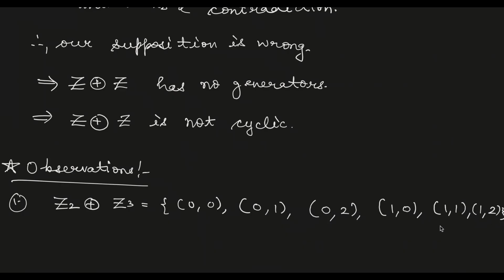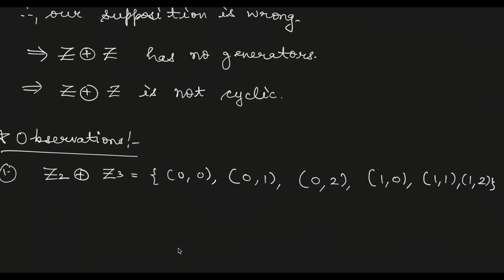Now I want to find the order of every element. So the order of 0 comma 0 is the LCM of the order of 0 in Z2 and the order of 0 in Z3. The order of 0 in Z2 is 1. So the LCM of 1 comma 1 is 1.